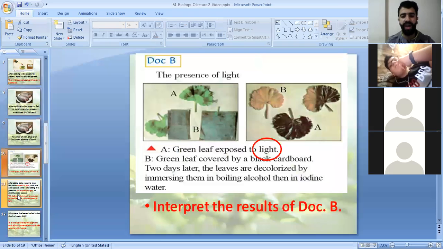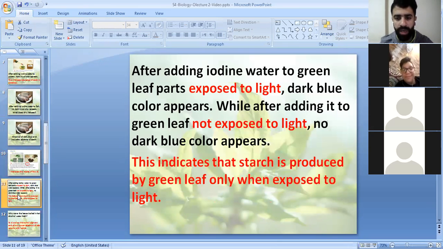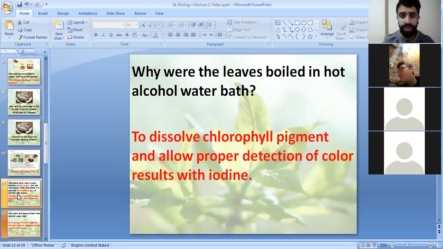In the presence of light, there is photosynthesis, there is production of starch. If there is no light, there is no photosynthesis, and no dark blue color, meaning that there is no starch. Why do we immerse the leaves in a hot alcohol water bath? In order to remove the green color of the leaf, and then we add iodine solution in order to detect starch properly, so the colors do not mix with each other.